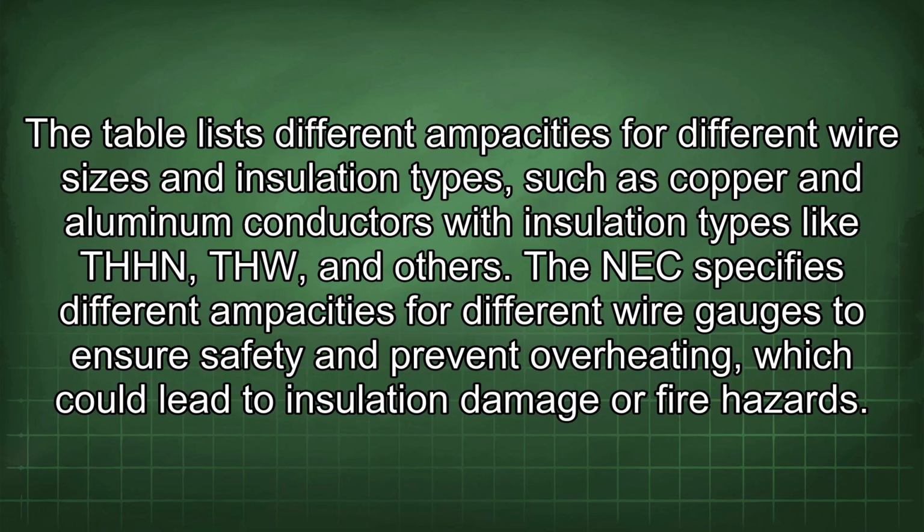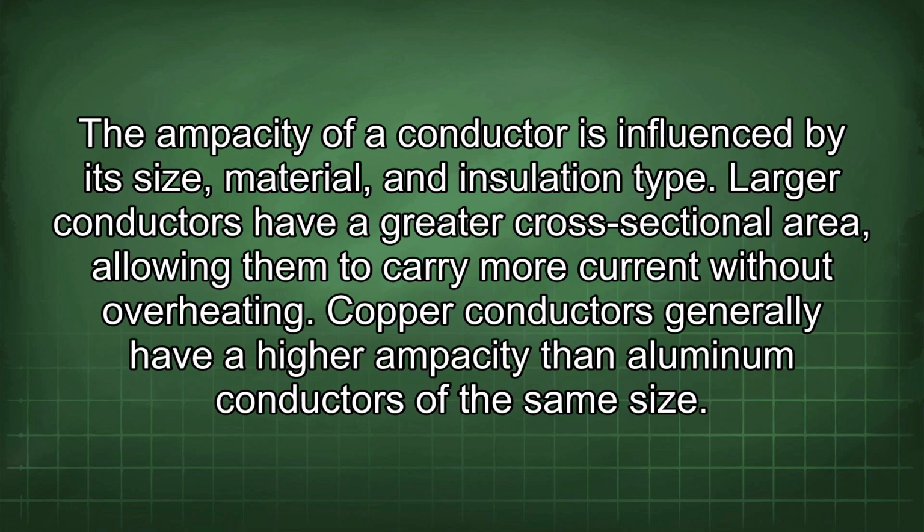The NEC specifies different ampacities for different wire gauges to ensure safety and prevent overheating, which could lead to insulation damage or fire hazards. The ampacity of a conductor is influenced by its size, material, and insulation type. Larger conductors have a greater cross-sectional area, allowing them to carry more current without overheating.